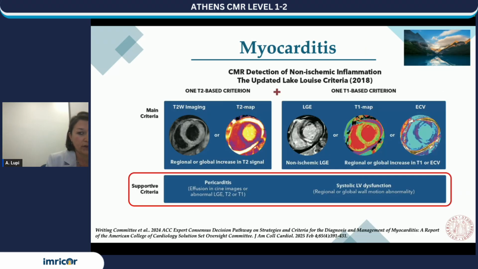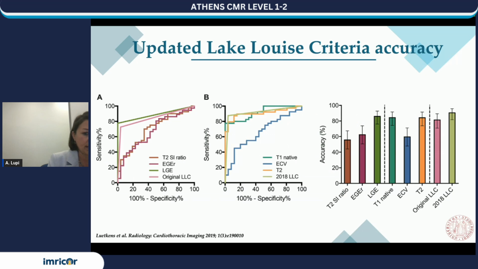And this is well recognized also by the updated Lake Louise criteria for myocarditis, in which we have to identify one T2 based criterion and one T1 based criterion in order to reach a diagnosis of myocardial inflammation. There are also supportive criteria and clinical suspicion as well. But with the advent of modern day mapping techniques, we can see how the accuracy of these criteria raise up.